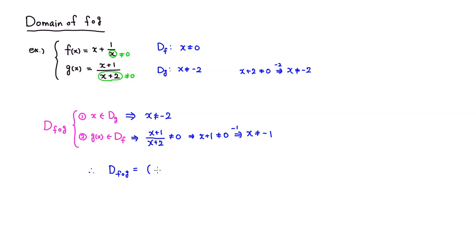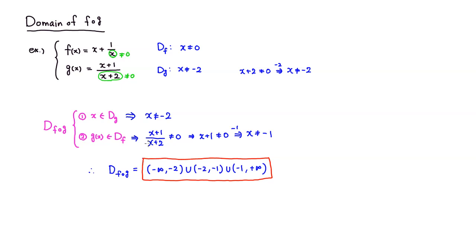So you just say negative infinity all the way to negative 2, skipping negative 2, so make sure to use the parentheses, then go all the way to negative 1, skip negative 1, then go all the way to positive infinity. This is the domain of f of g. That's it. I hope that this was clear.